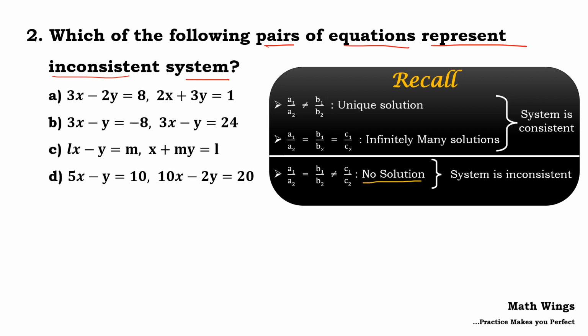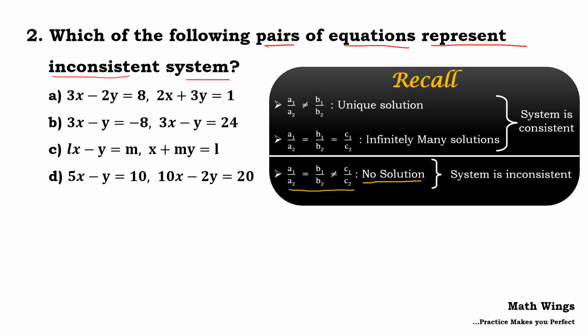Therefore, we compare the ratios of the coefficients of the variables, and if a1 by a2 is equal to b1 by b2 but not equal to c1 by c2, then there is no solution. Therefore, the system is inconsistent.